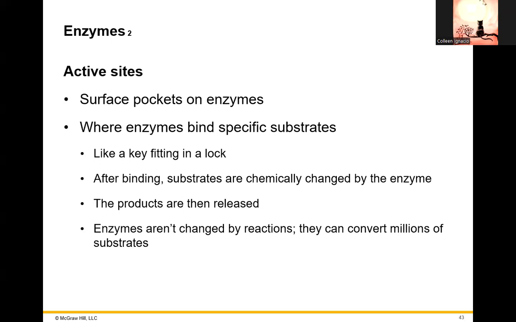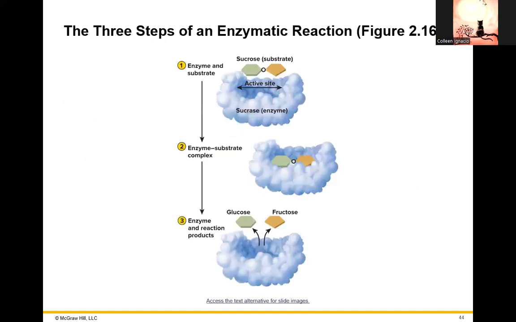And that's important because specific enzymes act on specific substrates. Okay, so the enzymes again are not changed by their reactions, and they can convert millions of substrates. So if you're a visual learner, this is a great picture of an enzymatic reaction that has 3 steps, and this is sometimes called the lock and key model.